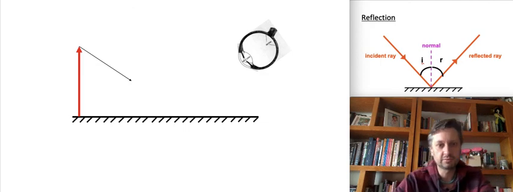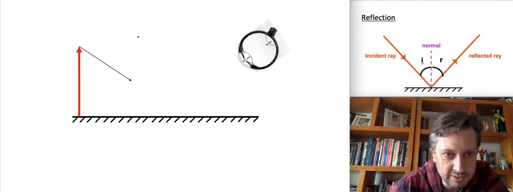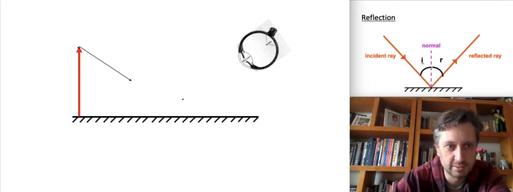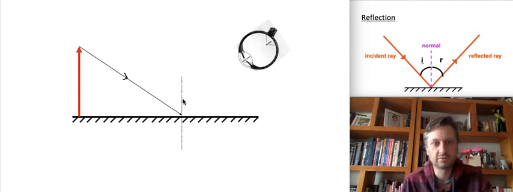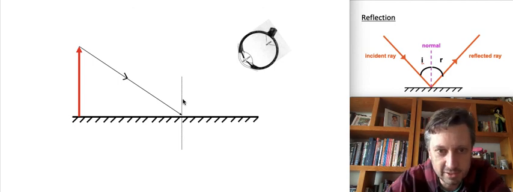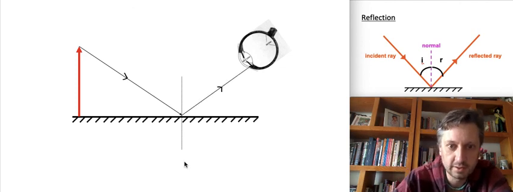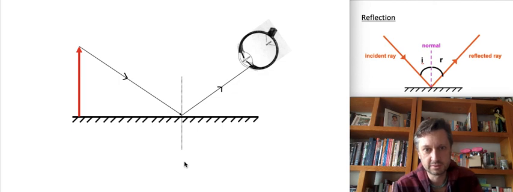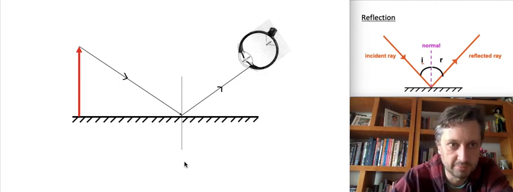Okay. So we're going to follow this ray of light. This ray of light is leaving the top of the object, this one point here, and it's going to hit the mirror. Let's follow it through to the mirror. It hits the mirror, it's an incident ray. We draw the normal line, and then we show the ray of light reflecting from the mirror.